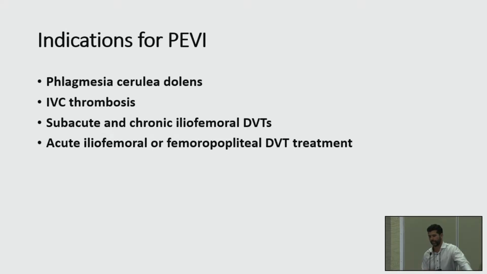The hard indications are phlegmasia cerulea dolens, these patients that come with a very big extremity that is red and painful to the touch, IVC thrombosis, subacute and chronic iliofemoral DVTs with associated symptoms, and acute iliofemoral DVTs are also a subgroup of patients that can be treated.